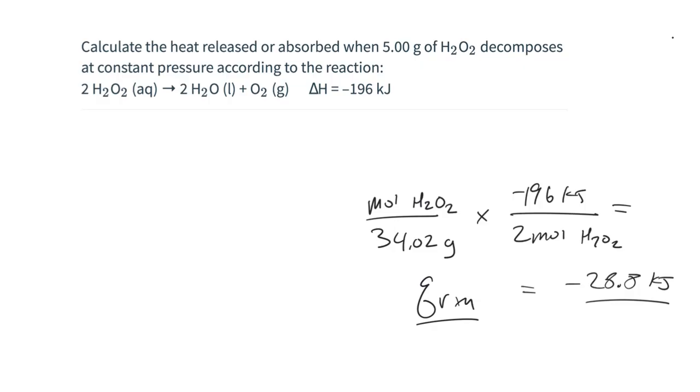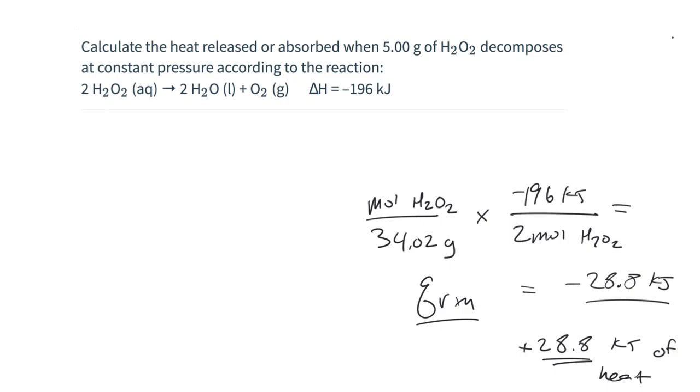So that's the Q reaction. So the reaction loses, because it's a negative sign, or releases 28.8 kilojoules of energy in the form of heat. Now, we tend to think of heat being released or gained in a way that it's usually a positive number.